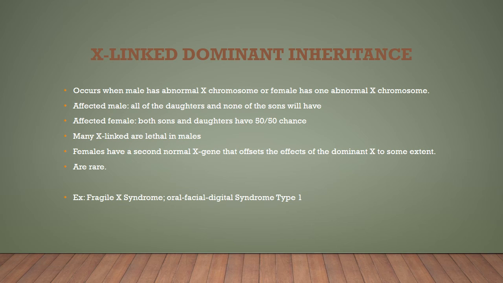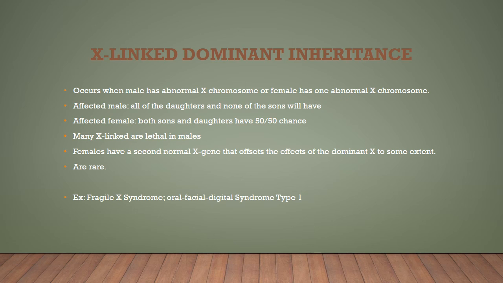Many X-linked dominant inheritance disorders are lethal in males. Females have a second normal X gene that offsets the effects of the dominant X to some extent. So men, if they have this disorder, don't have anything to offset it. Women, we have the dominant disorder, but we also have one that is not affected. We don't get it quite so severely.